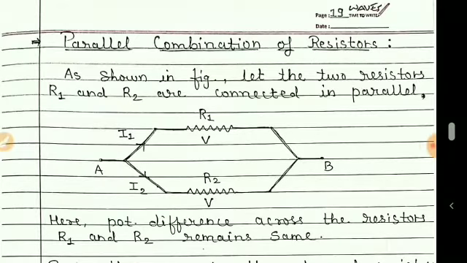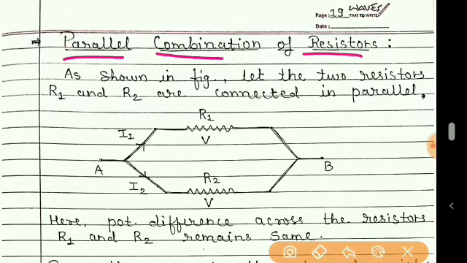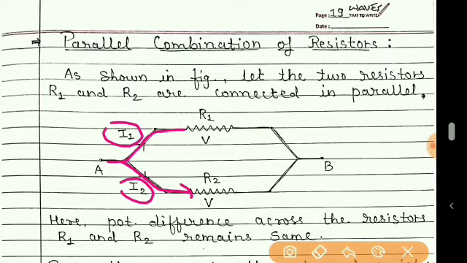Now, parallel combination of resistors. Students, you can see here the two resistors R1 and R2 are connected between points A and B. As there are two different paths, here the current will divide as I1 and I2.